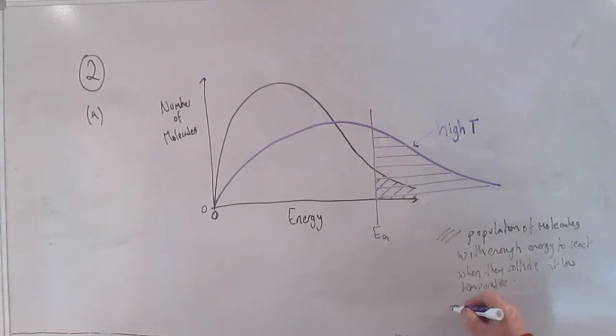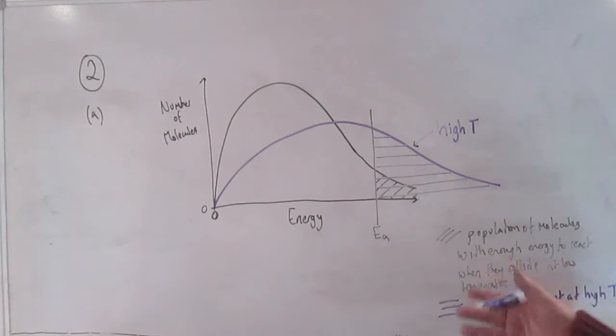Okay, so this is the same but at high temperature. And if you mark that on there, it makes it clearer when you then put that in a sentence what you're talking about.